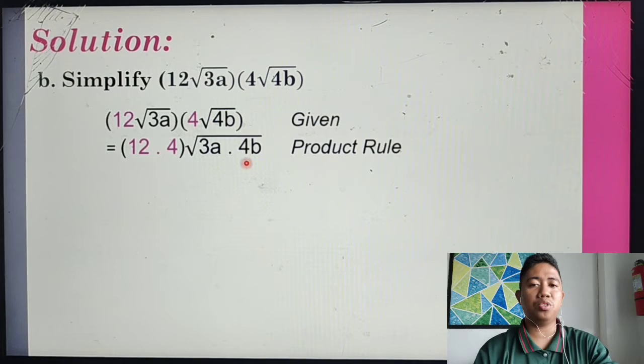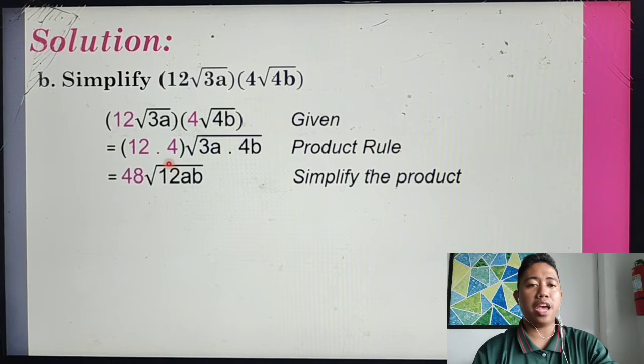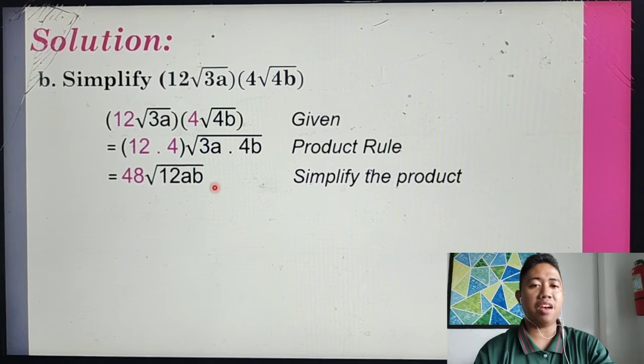The next step is to multiply all together: 12 times 4 becomes 48, 3 times 4 gives the numerical coefficient 12, and a times b gives ab. So that is 48 square root of 12ab.